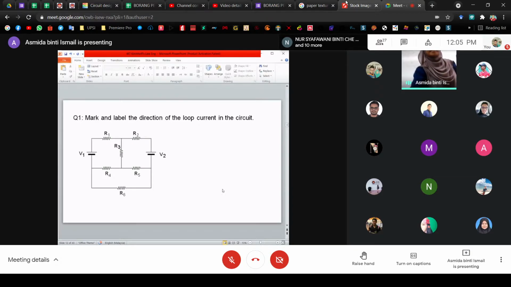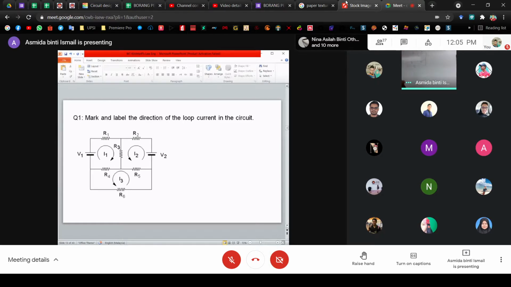Mark and label the direction of the loop current. From this, it shows you the direction. If you want to make a direction of the loop by yourself, you can do it. It depends on you. You can draw it clockwise, or you can draw it anti-clockwise.